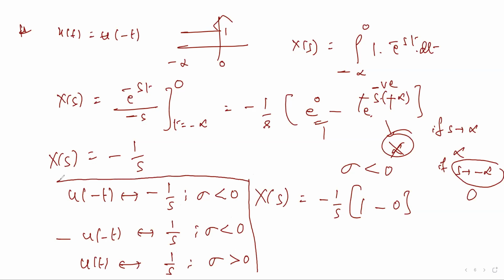We make this as a table. Here, these two are ROC same. These two are Laplace transform same, but ROC different. And these two are ROC same, but Laplace transform different.